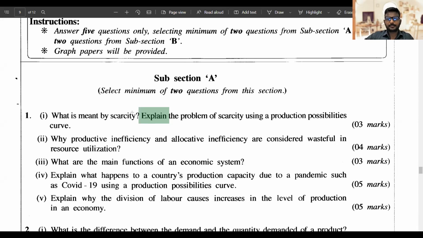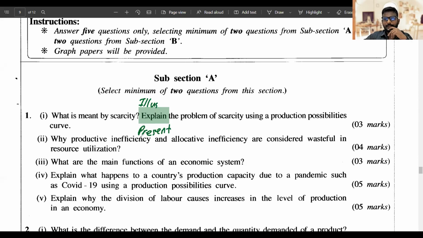That's what they are expecting from you. If they just wanted you to draw the PPC and show scarcity on it, they would have asked you to illustrate the problem of scarcity using PPC. Instead of the word explain, they would have given something like illustrate, or something like present the problem of scarcity using PPC.